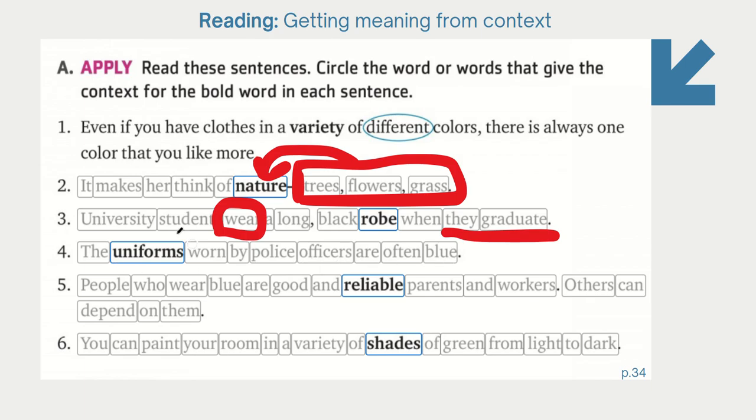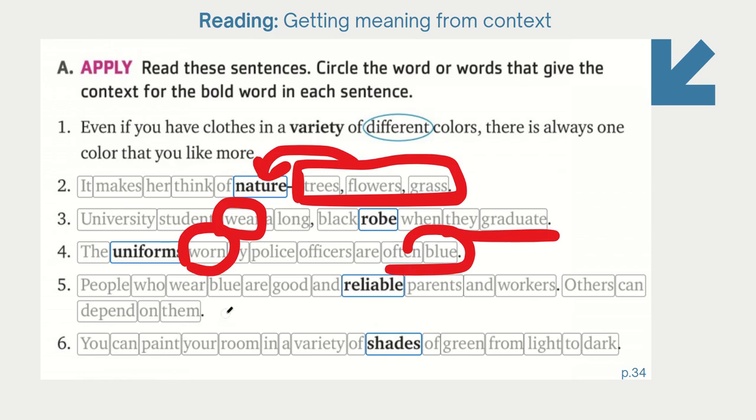So it is uniform, it is clothes, it is dress, which are worn by the police. And the color, blue. So here again, uniform, blue, and wear, worn, right? Context.